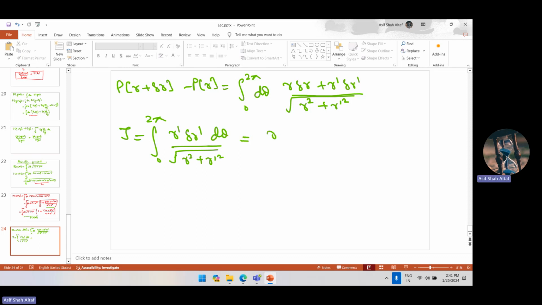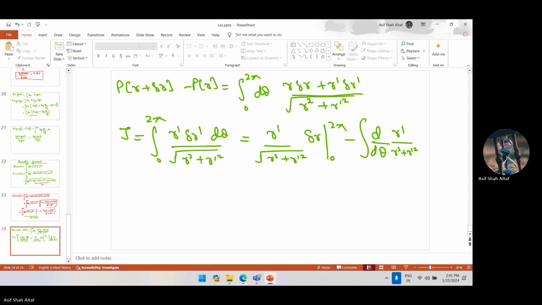So I'll be taking r dash this thing out, and what I will have inside is this thing, and then I would have d by d theta r dash thing, and then you would have delta r d theta.